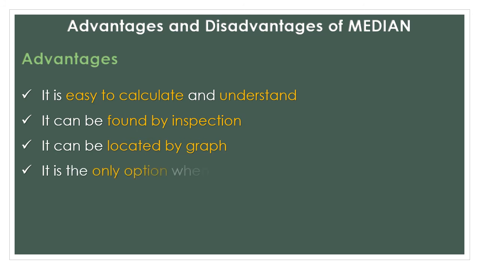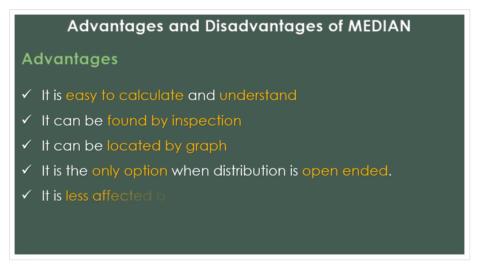It is the only option when the distribution is open-ended. Open-ended means the lower limit or the upper limit has no limit. At that point of time, the only option available is the median, because mean and mode both need a complete set of observations. Median only needs the middle part. The remaining part could be anything at all. It is less affected by too large or too small observations, as too large observations will be at the end of the data, and too small observations will be at the beginning of the data, while the median calculates what is at the center.